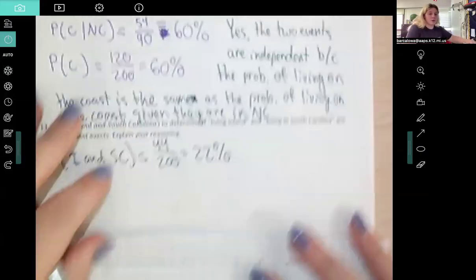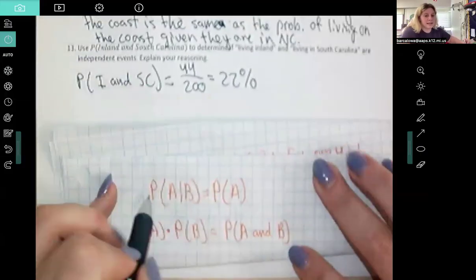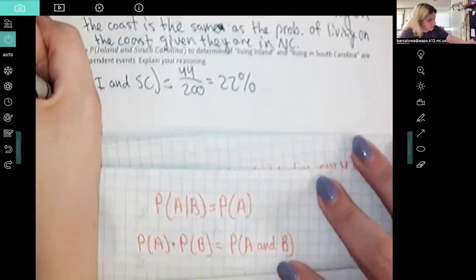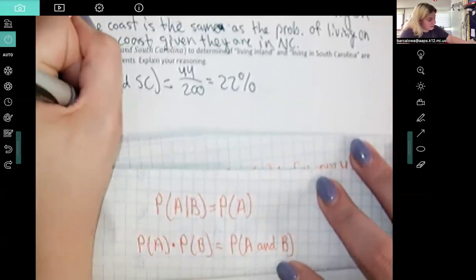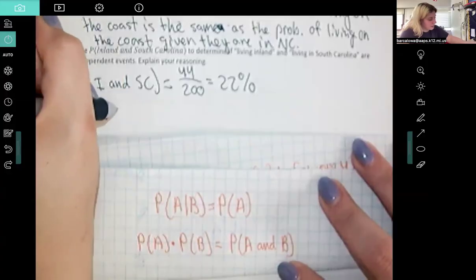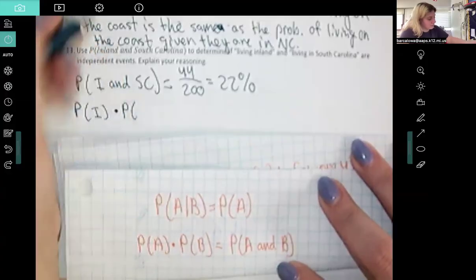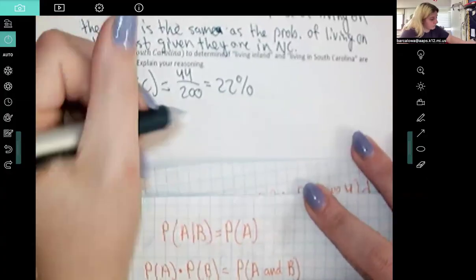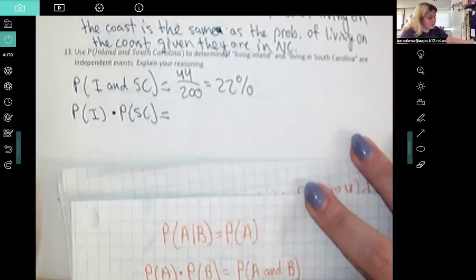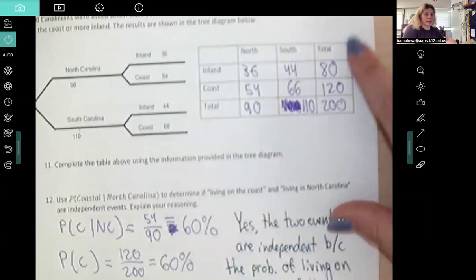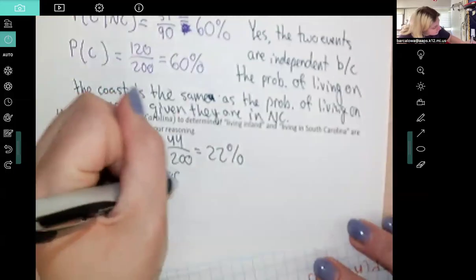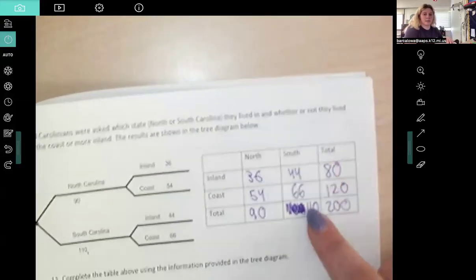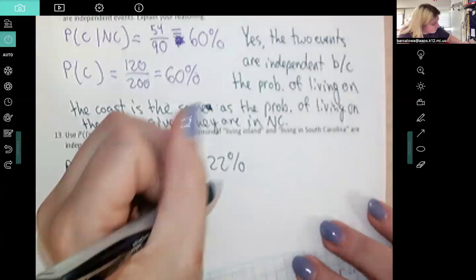The other part of this formula is we take the individual probabilities and multiply them together. So the probability of being inland, 80 out of 200, times the probability of being in South Carolina, 110 out of 200.